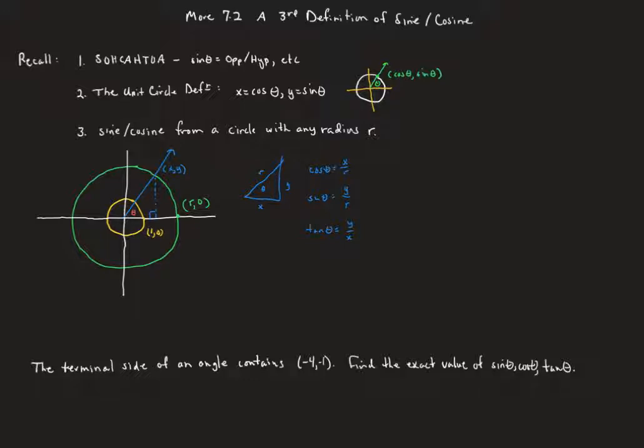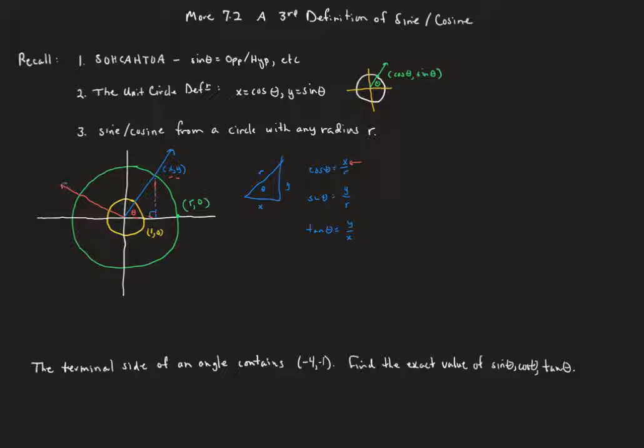So the difference here from our right triangle definition is that now the x and the y that we see here are not really the physical side lengths on this triangle. They are the x and the y that are the coordinates of the point on the circle. So that's saying that we could take an angle in any quadrant.